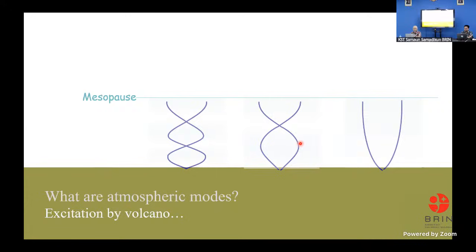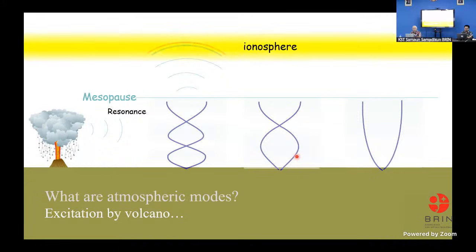This atmospheric mode is excited by volcanic eruption, and I have already found many past examples. This makes a certain sound with a period of 4 minutes, and it will go further upward and disturb the ionosphere.